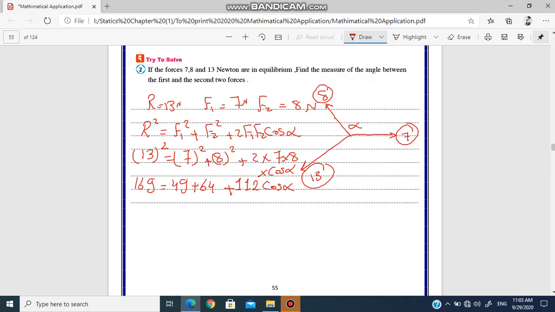So cosine alpha equals 169 minus the bracket 49 plus 64, all over 112, which equals 1 over 2.